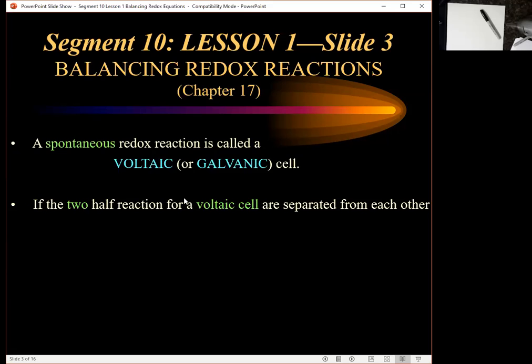Again, you've got two half reactions for a voltaic cell, and they have to be separated from each other, because if you just put them together in the same solution, they'll react all by themselves. You won't generate an external voltage in that case.